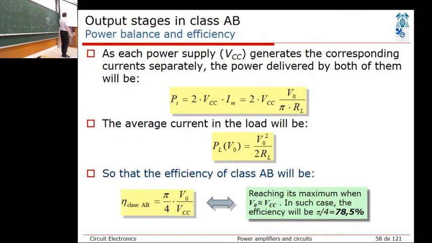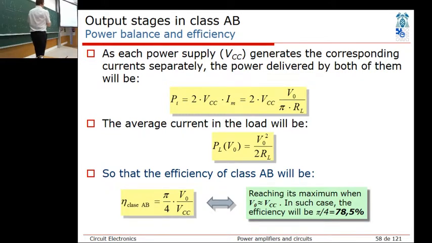Efficiency of class AB. That much power in, that much power on the load, and we have efficiency PL over PI is pi over 4 times V0 divided by VCC.